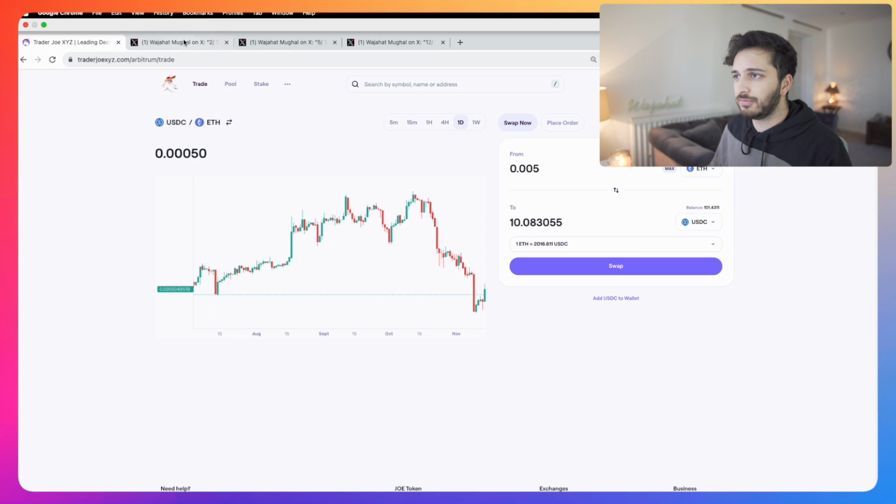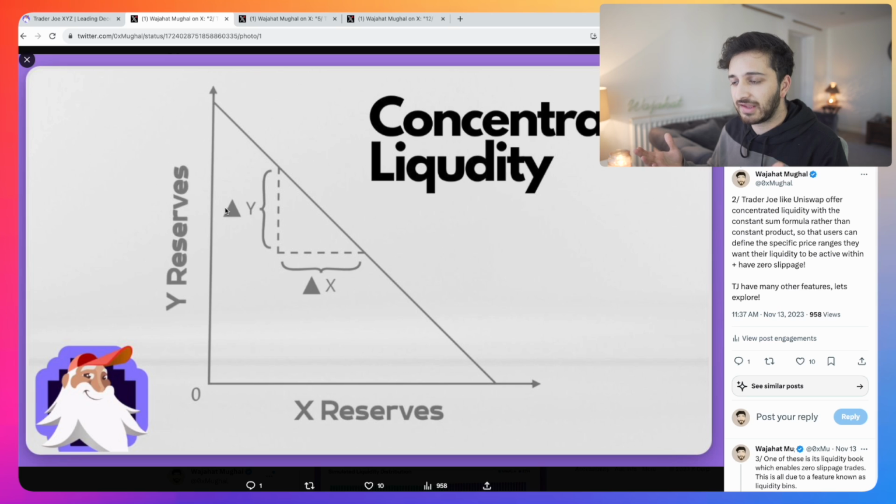Now, the first thing to note is how the liquidity aspect of Trader Joe works. It is different to that of Uniswap. Both of them have concentrated liquidity, however the formula that they use is slightly different. On Uniswap, you have that curve-shaped graph that goes all the way down, whereas with Trader Joe, we've got the constant sum formula, this X plus Y formula. And this is good for a number of reasons.